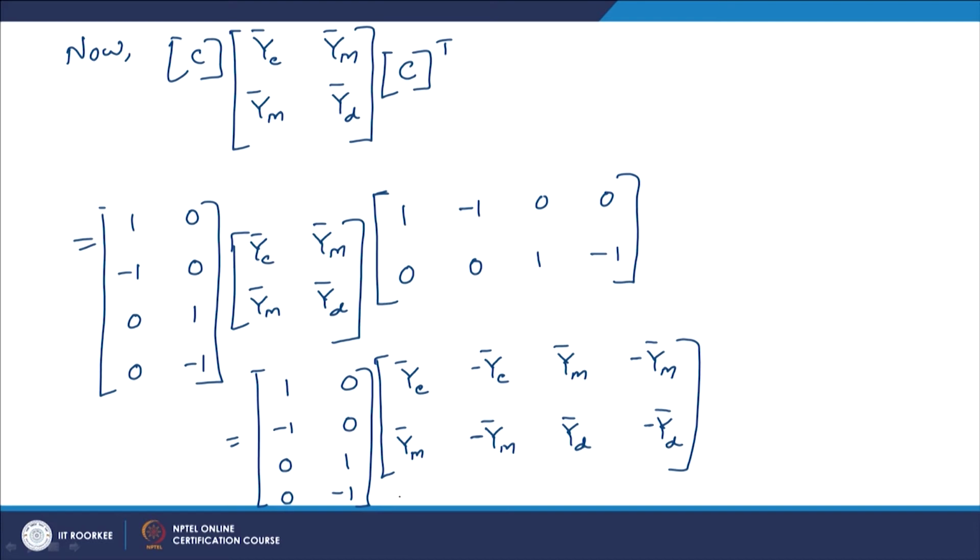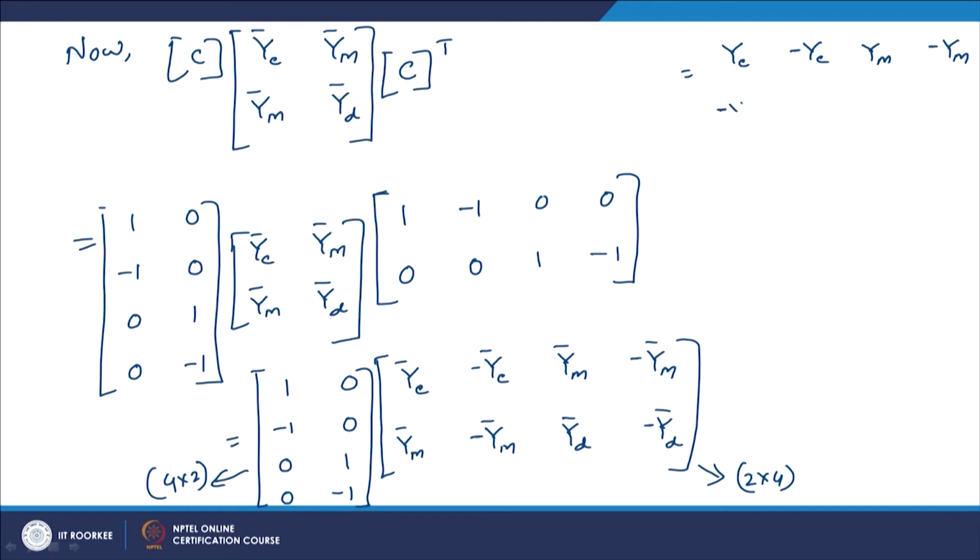So, this is a 4 cross 2 matrix, and this is a 2 cross 4 matrix. Therefore, their product would be a 4 cross 4 matrix. So, it is YC minus YC, YM minus YM.